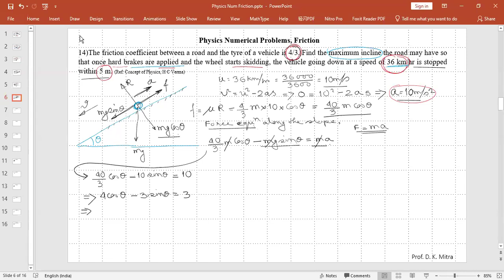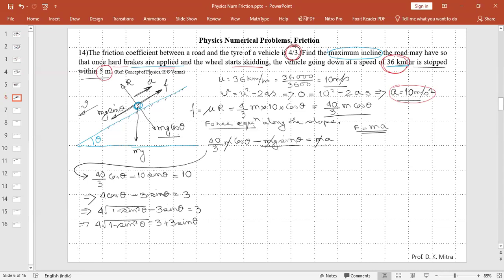Cos theta, we have to find out the value of theta. So in place of cos theta, we write whole under root 1 minus sin square theta. 4 cos theta minus 3 sin theta is equal to... or we can write 4 under root 1 minus sin square theta is equal to 3 plus 3 sin theta.